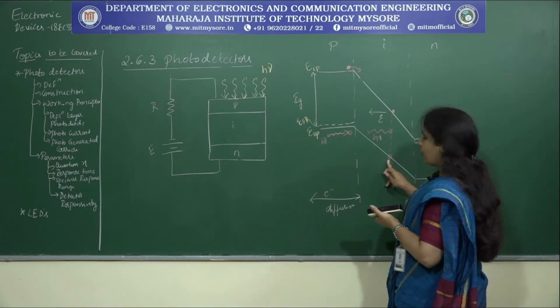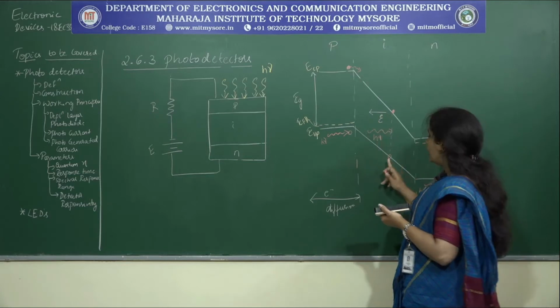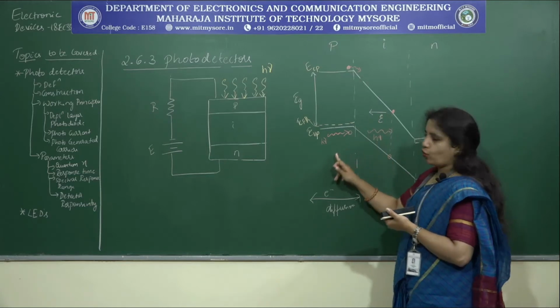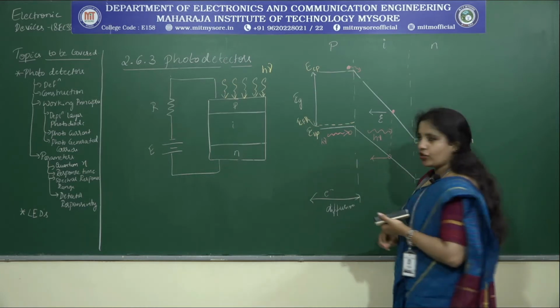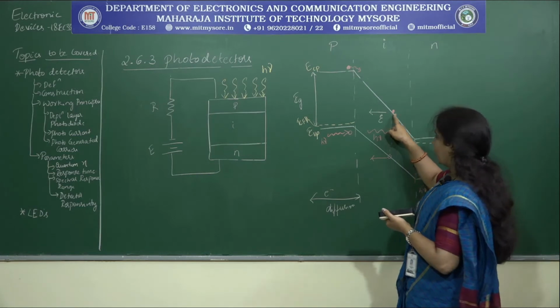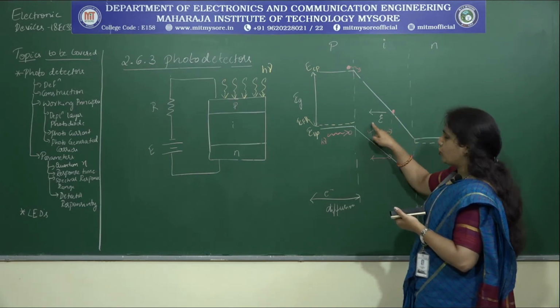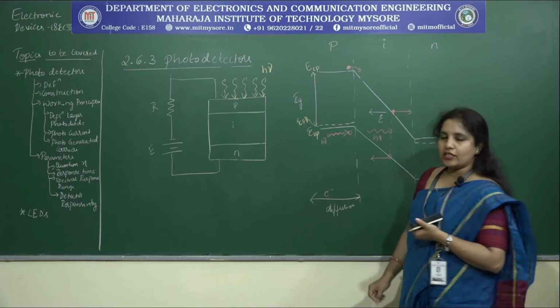Now where will this hole move to? Because of the electric field intensity, these holes get drifted towards the P side. Therefore let me show the arrow direction in this way, and these free electrons get drifted towards the N side because of the electric field intensity. Hence I show the arrow direction in this way.